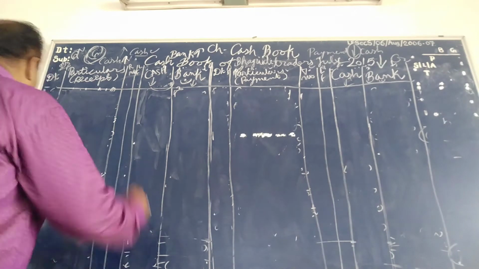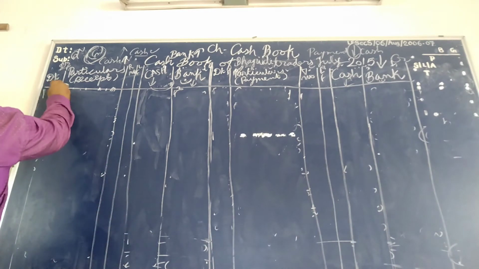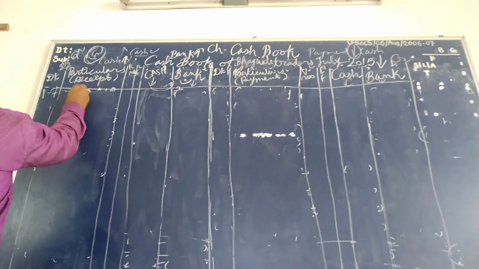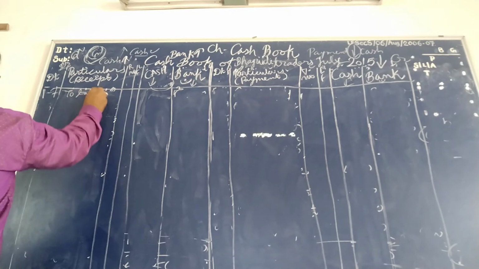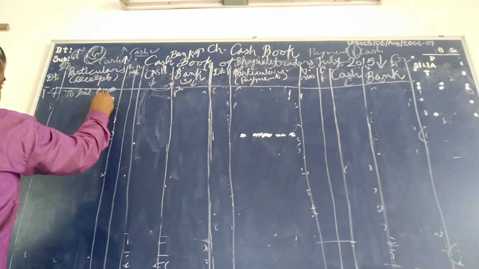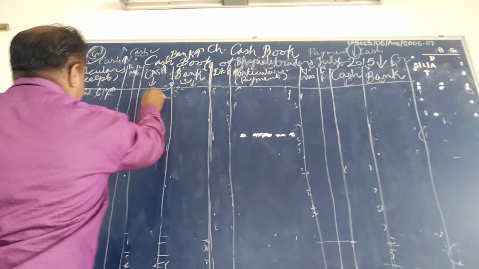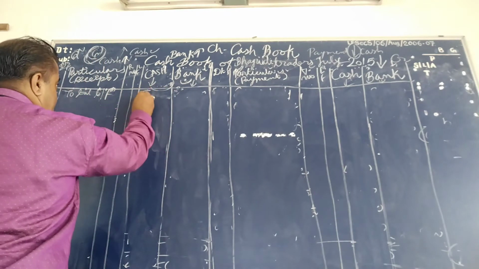Here we write on 1st July, to balance brought forward. It is cash balance, hence it is right here. It is 5,000.